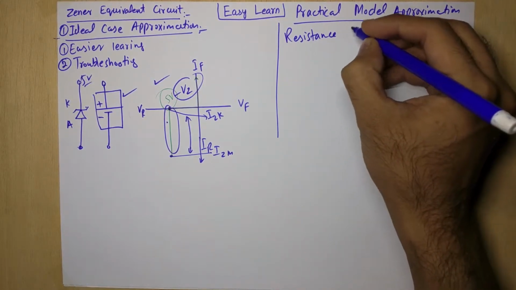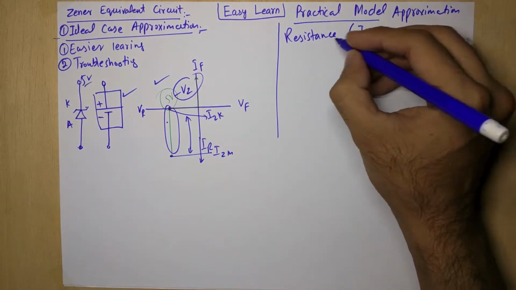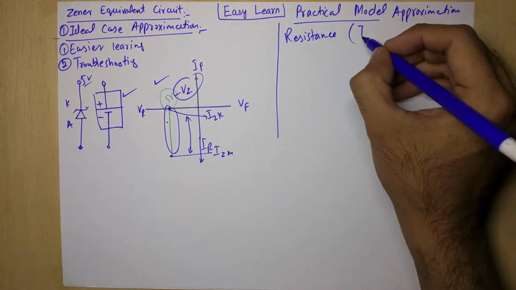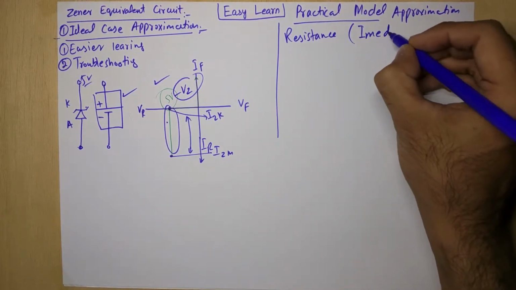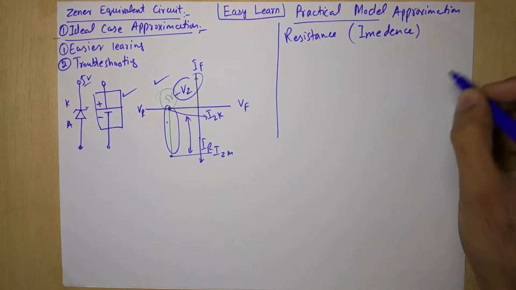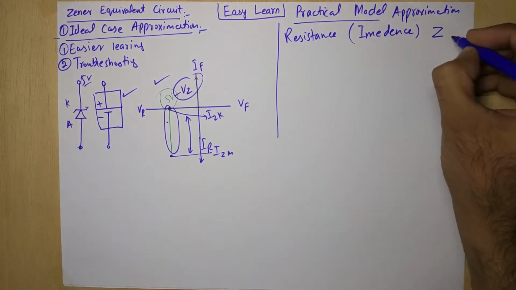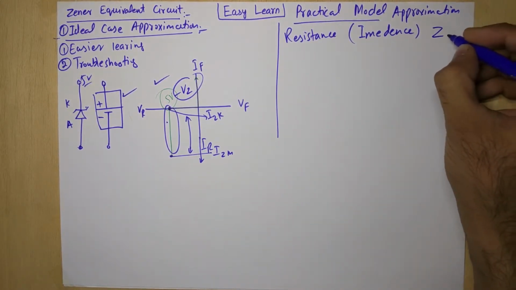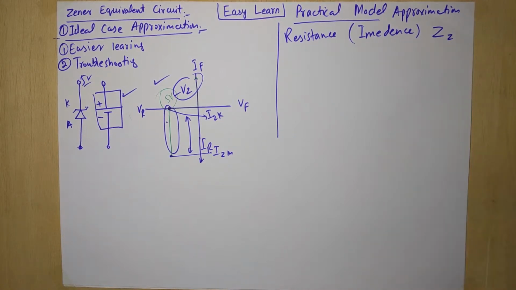When resistance is included, we mean the internal resistance, that is, impedance is included. Impedance is represented by Z, and in the case of the Zener a small z is used in the subscript. In the practical case, the Zener impedance resistance is added in series.